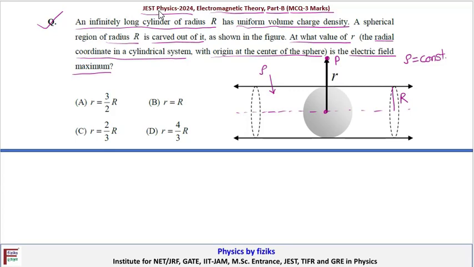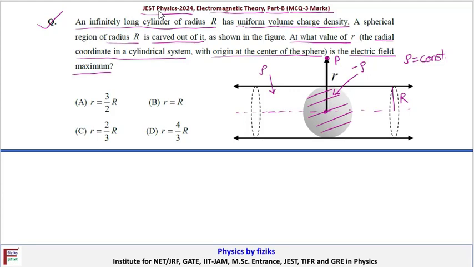Now to get a cavity like situation, because this portion has been removed, we will assume that we have embedded a minus rho charge density of a sphere of radius capital R, so that it has a cavity like situation.